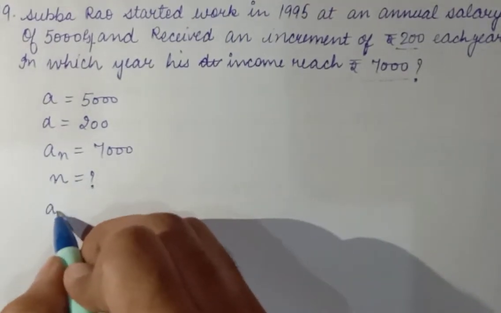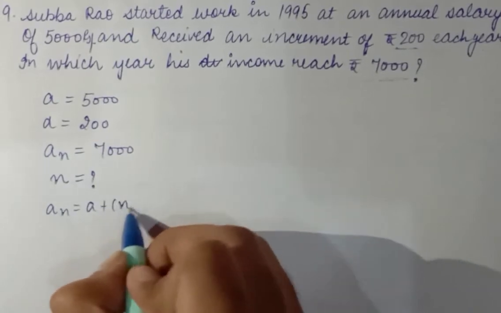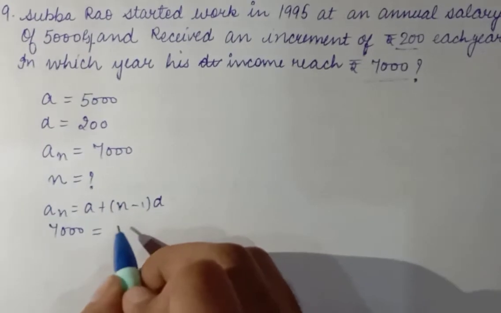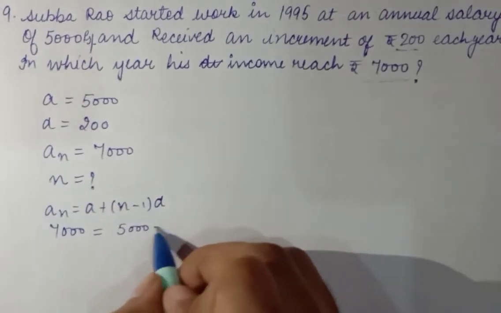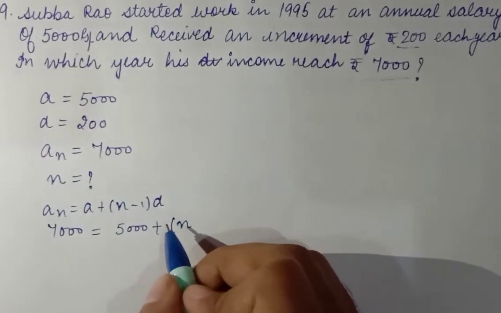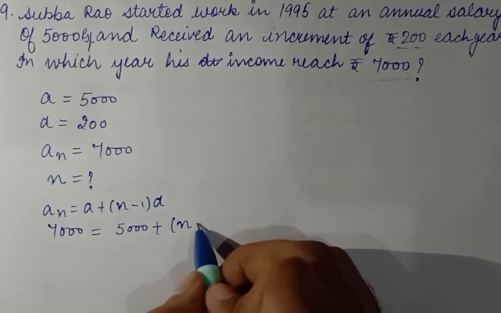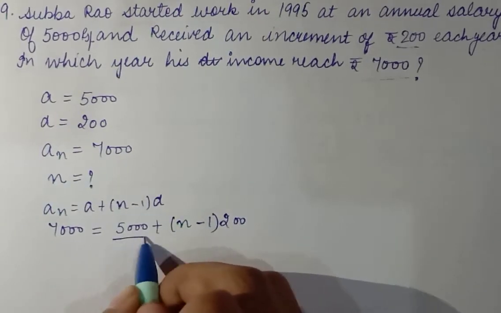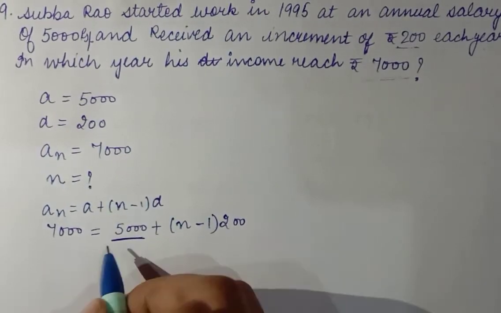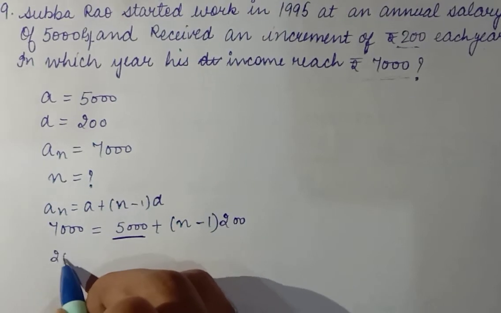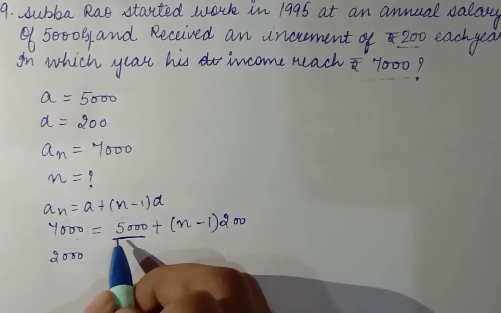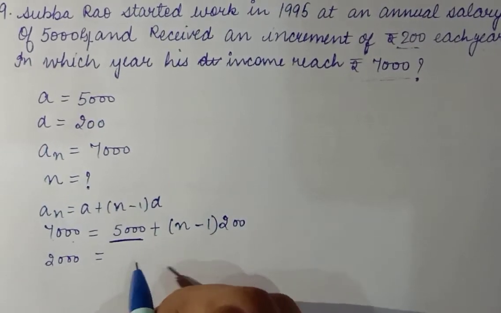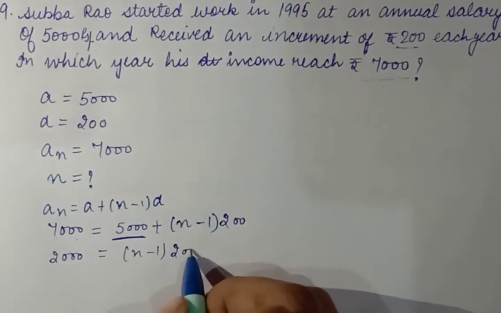By using the formula an is equal to a plus (n minus 1)d. An is 7,000, a is 5,000 plus we have to find the value of n, so write it as it is, n minus 1, value of d is 200. This plus becomes minus 5,000, so here becomes 7,000 minus 5,000, we get 2,000. 2,000 is equal to (n minus 1) into 200.